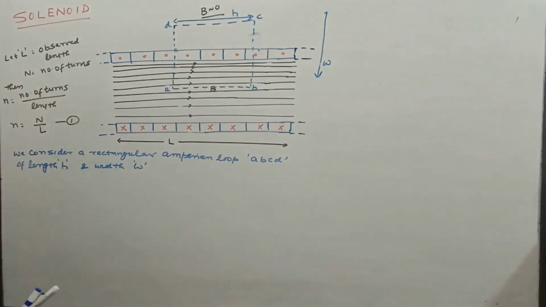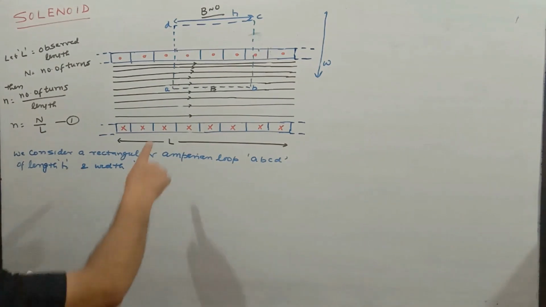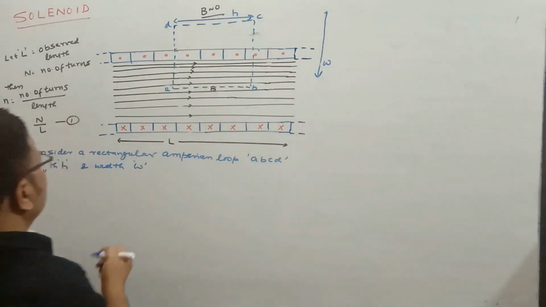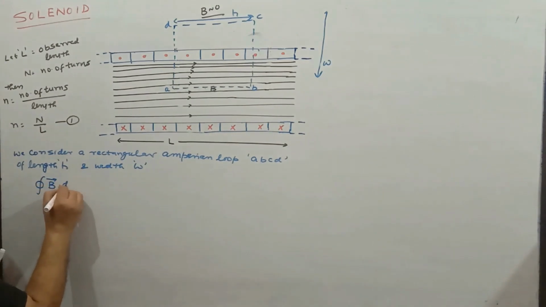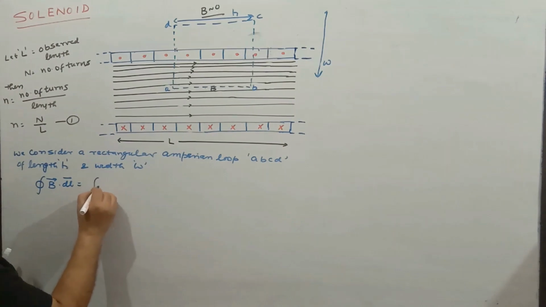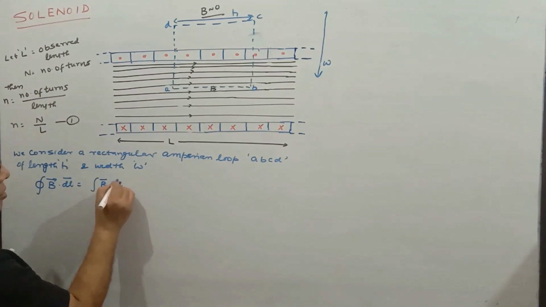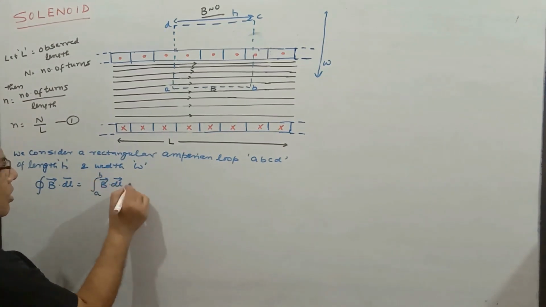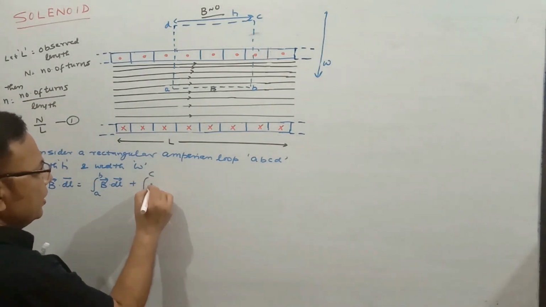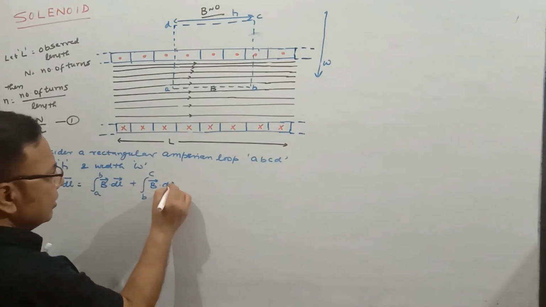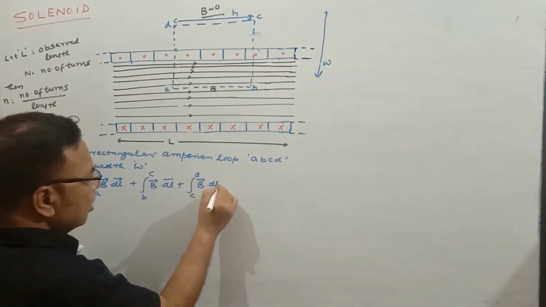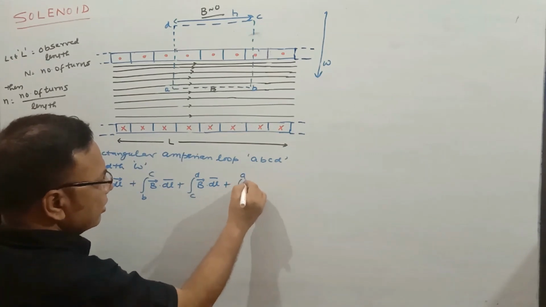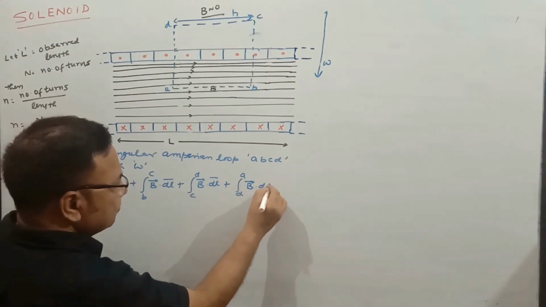We know how to find the line integral of the magnetic field first. So the line integral of the magnetic field for the whole rectangular loop, integral B dot dl, is equal to integral B dot dl from A to B, plus the same line integral from B to C, plus C to D, and plus D to A. This is going to complete the whole loop.